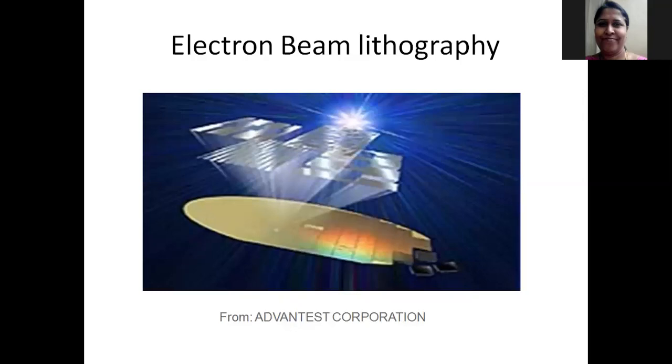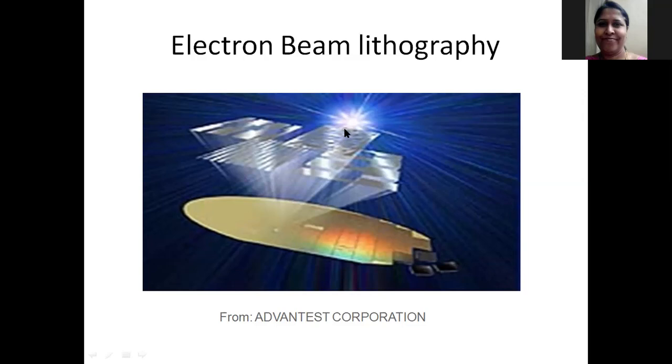This shows the actual photograph of electron beam lithography, and you can see this is the wafer and the beam is made to fall on a particular chip at a time in order to create a pattern.